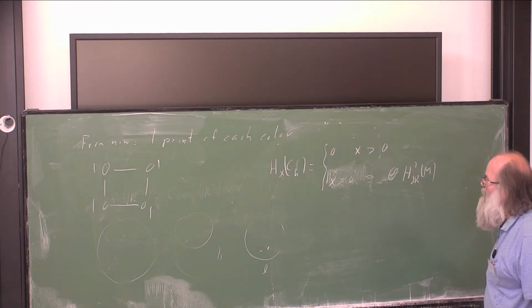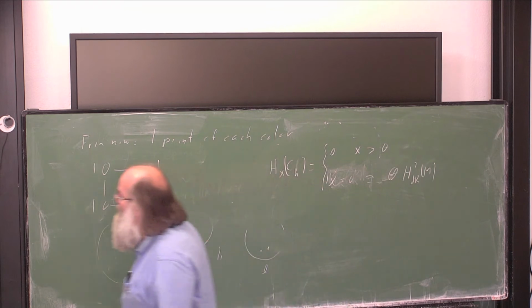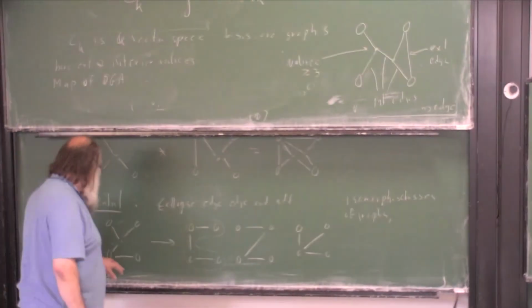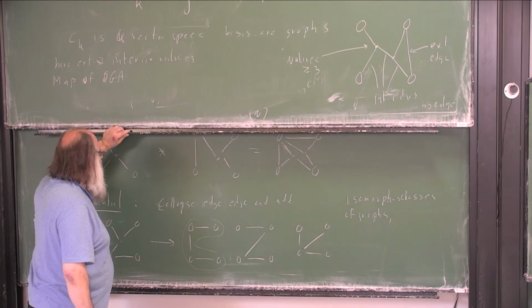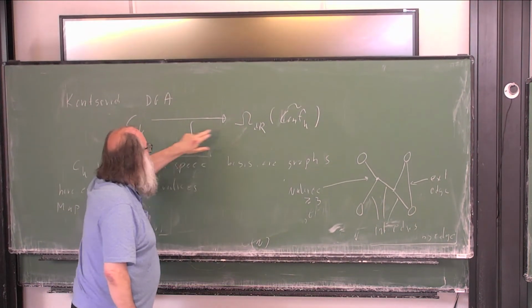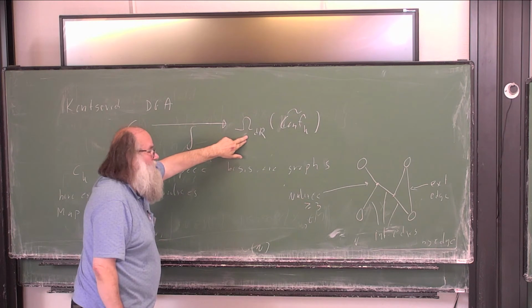Okay, so in particular this map here can't really be the map from C_k to here. This does not exactly preserve degree, but there's a formula.